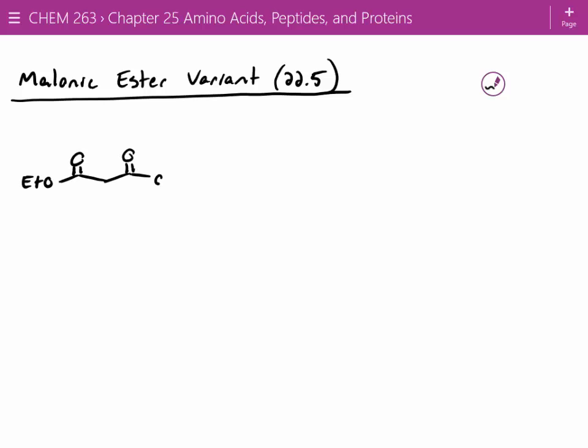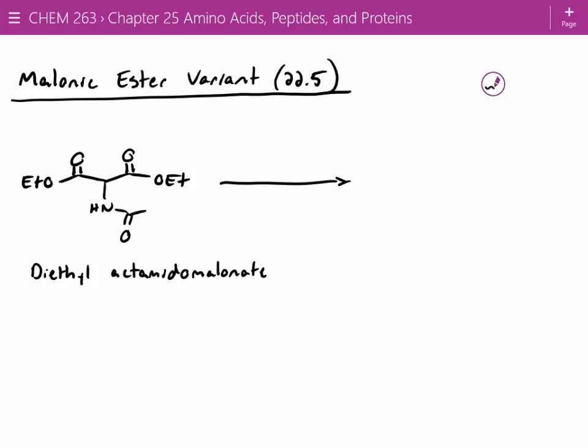So malonic ester looks like this, but we're going to use a variant of this. And this can just be purchased. We don't have to make this. This is called diethyl acetamido malonate. Somebody has to make it. It's cheap. So now we've got this starting material, pretty easy, cheap to purchase.